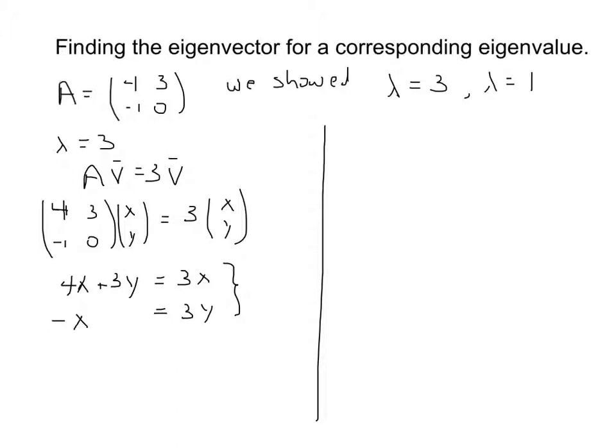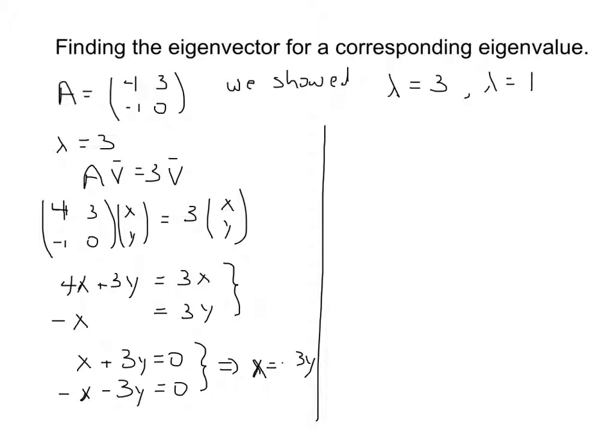Rewriting this system as follows, I'll bring the 3x to the other side, and I have x plus 3y equals 0, and I have minus x minus 3y is equal to 0. Both of these equations imply that x is always equal to minus 3y. And this is our condition on our eigenvector.